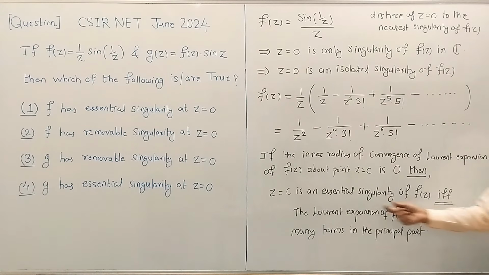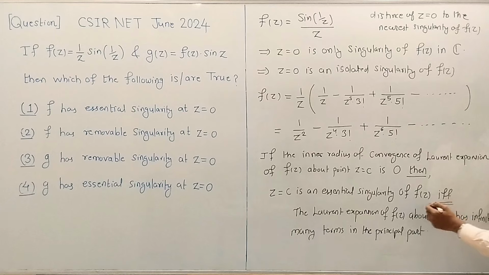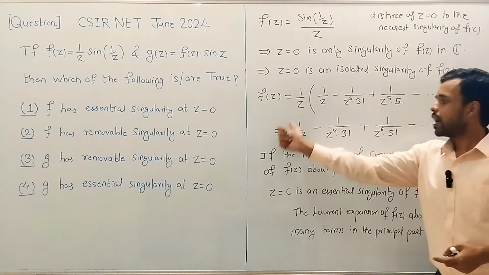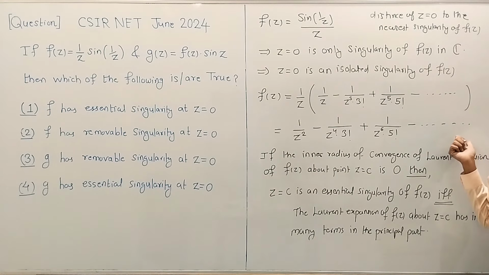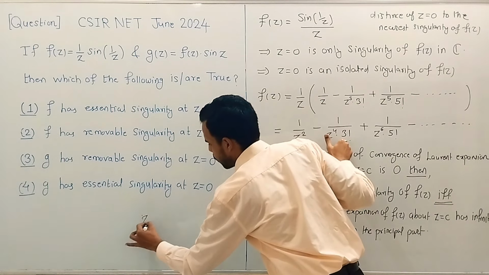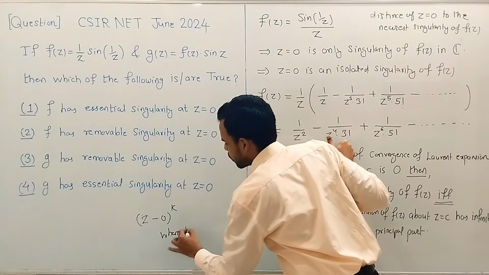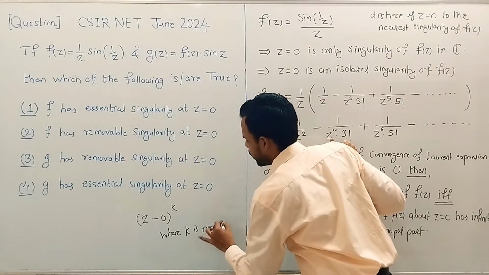By this result, z equals 0 is an essential singularity of f of z if and only if the Laurent series expansion of f of z about z equals 0 has infinitely many terms in the principal part. And clearly we can see that it has infinitely many terms in the principal part. Why? Because it has infinitely many terms of the form z minus 0 to the power k, where k is negative.